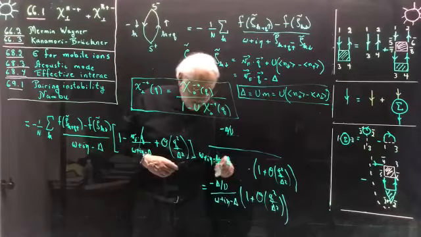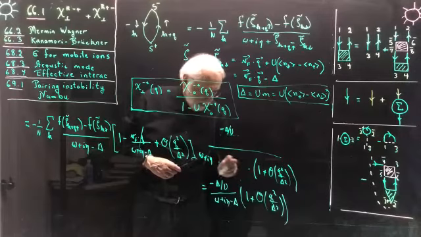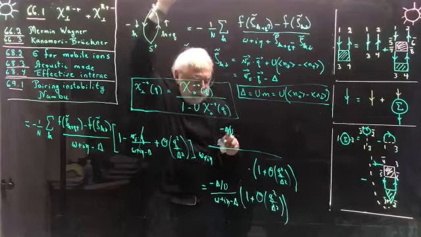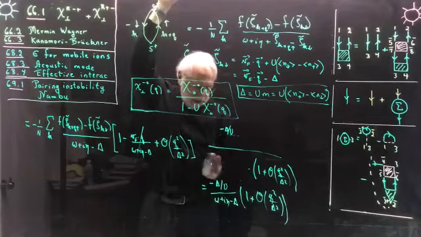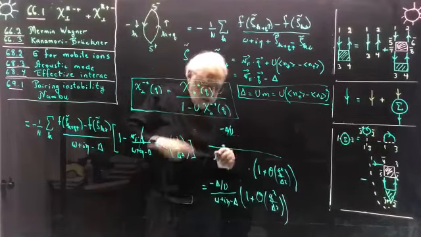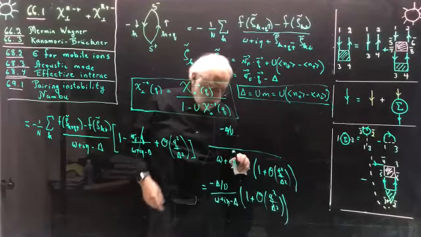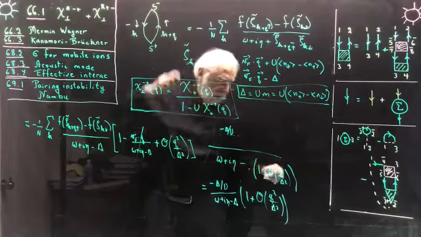You see minus delta plus delta, so that disappears. And what am I left with? I'm left with minus delta over U times omega plus i eta minus this term.